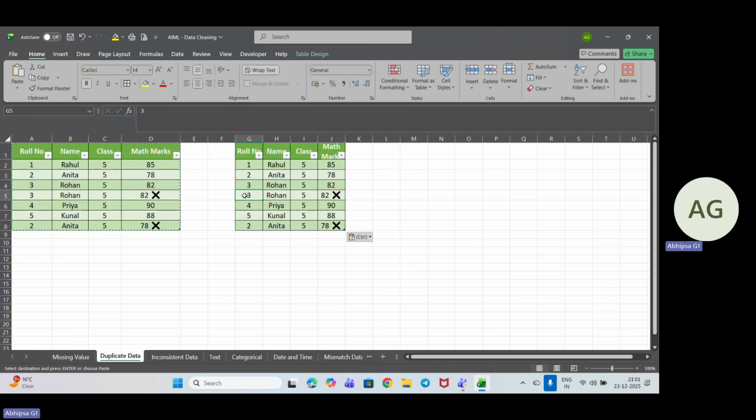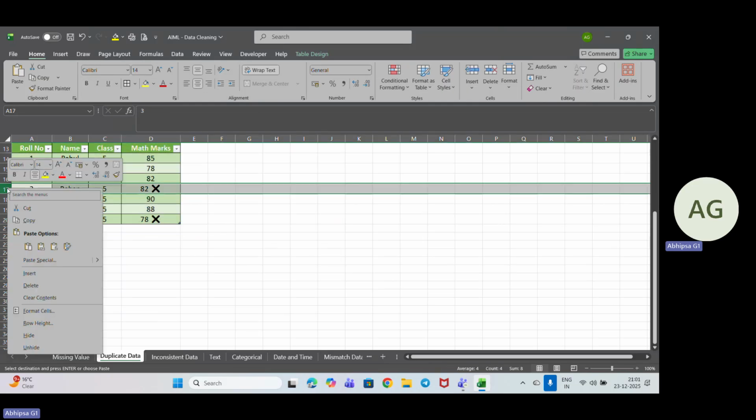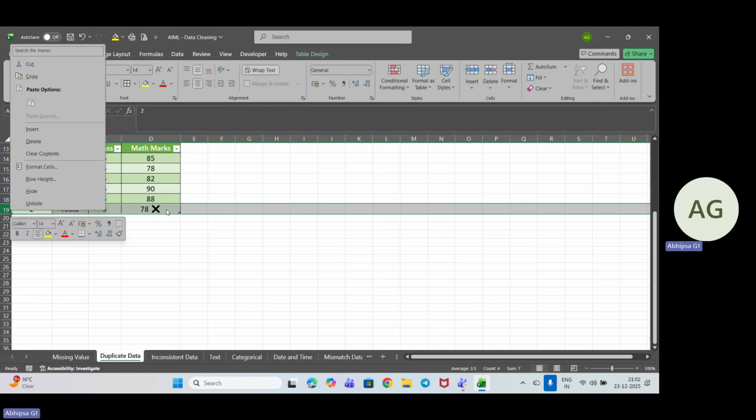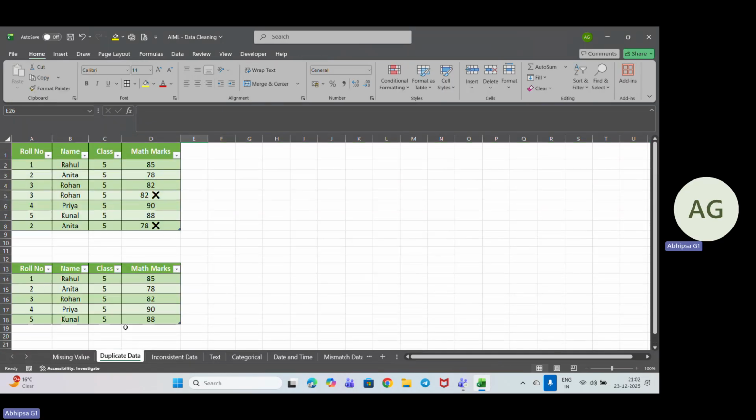Now we have to just delete this one. So this row we will be deleting, because that is the exact duplicate. This is also a duplicate, so we'll just delete it as well. So now this would be my clear data.